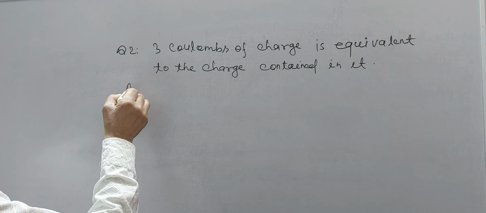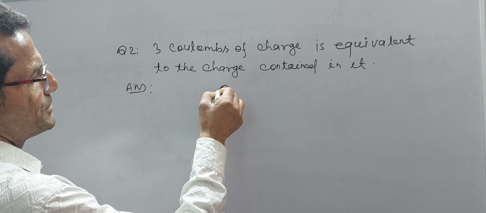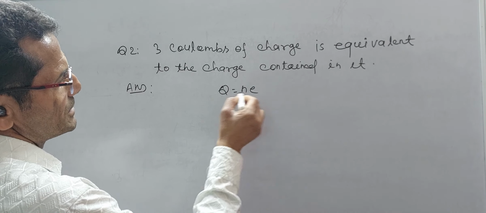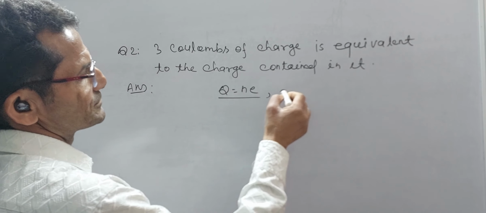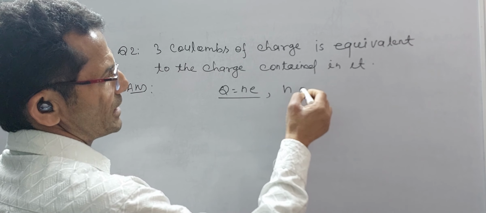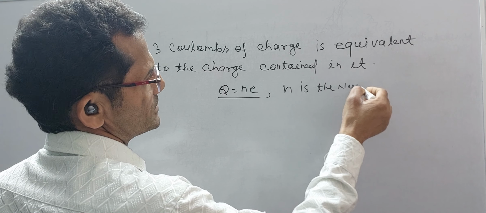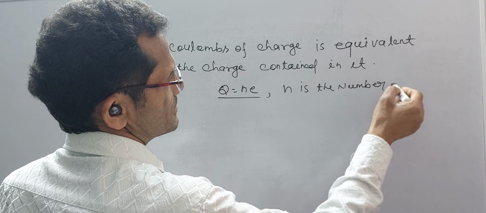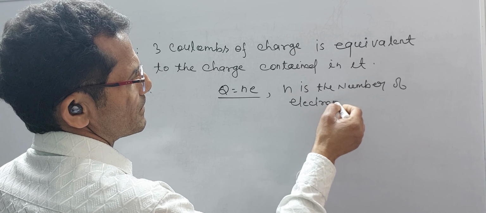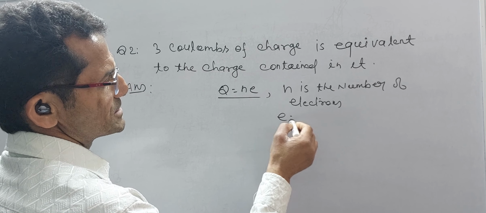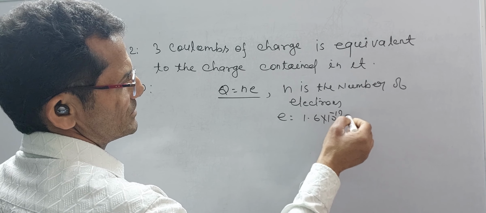First of all, we have the formula Q is equal to N into E. N is the number of electrons, and E is the electronic charge, which is 1.6 times 10 raised to the minus 19 coulomb.